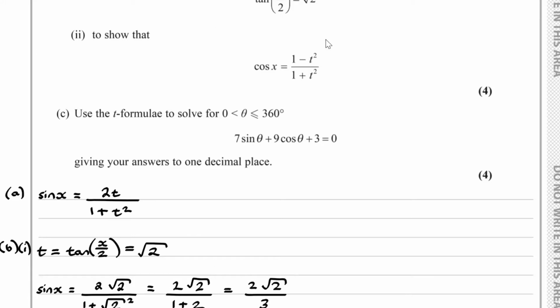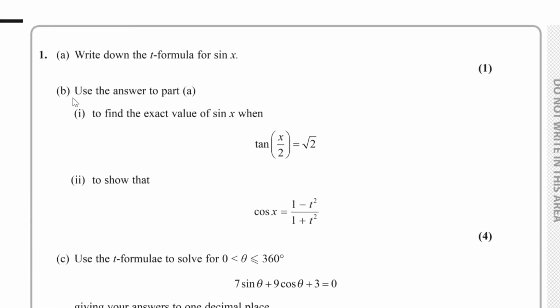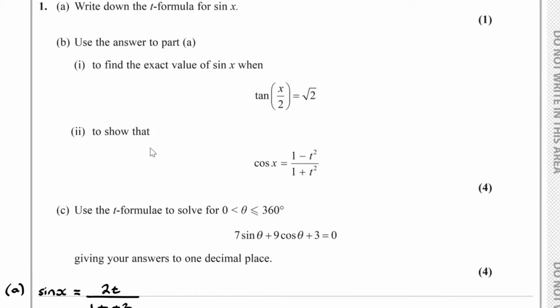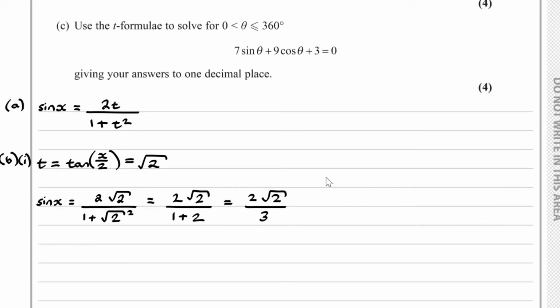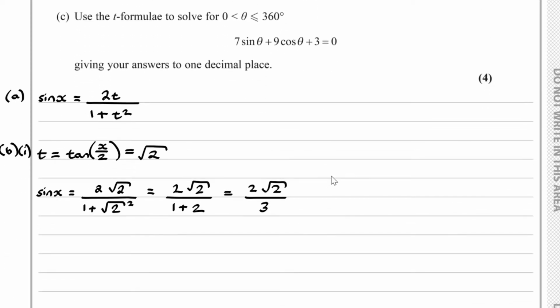And then, using our answer to part A, we wish to show that cos x is equal to 1 minus t squared over 1 plus t squared. First of all, you should be familiar with the result that cos x is equal to sin x over tan x.